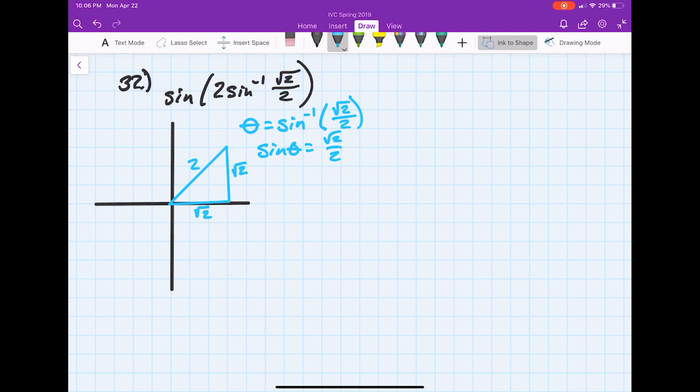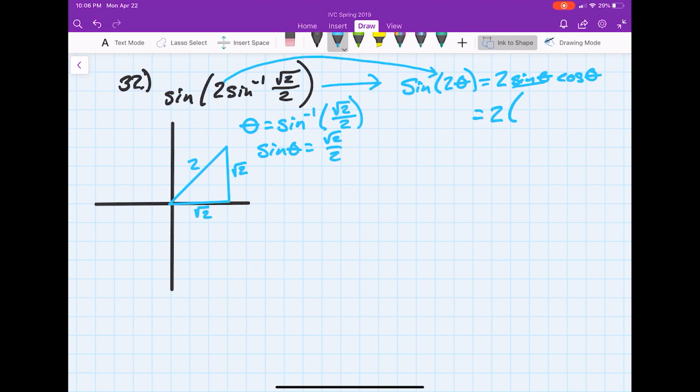So we're going to plug that back into that double angle identity that we had before, which was sine 2 theta, and that's equal to 2 sine theta cosine theta. Substitute our numbers in here. 2 and sine theta at square root of 2 over 2.